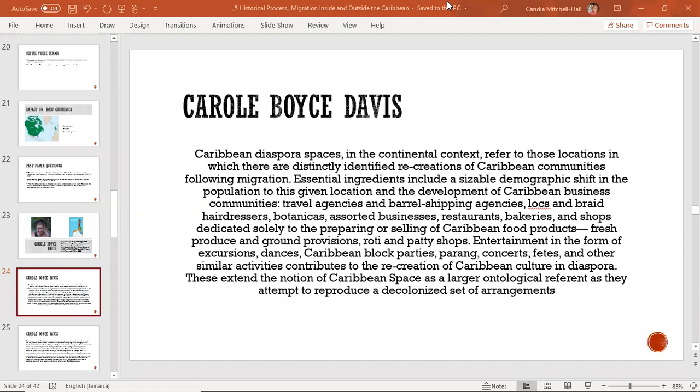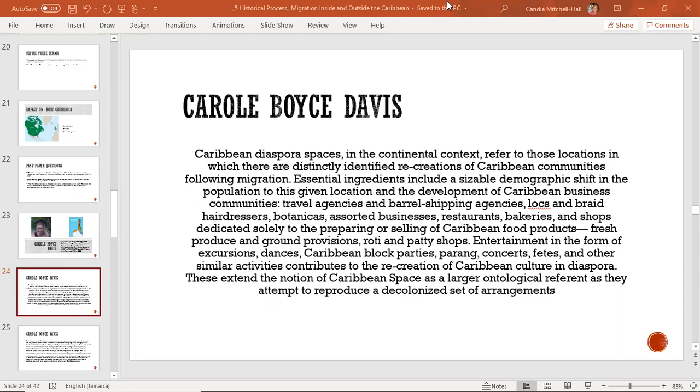And so Boyce Davies, in her very important book, one of the best books that I've reviewed, goes into explaining all the different spaces, whether in North America, London, Europe, Africa, or Brazil, where Caribbean people have migrated and have impacted those places.